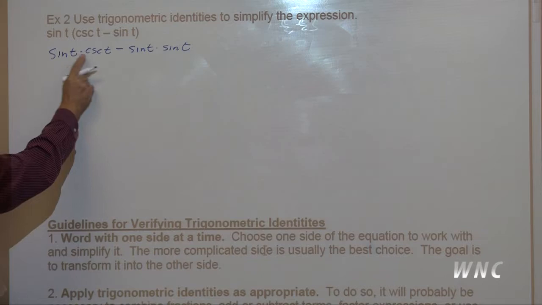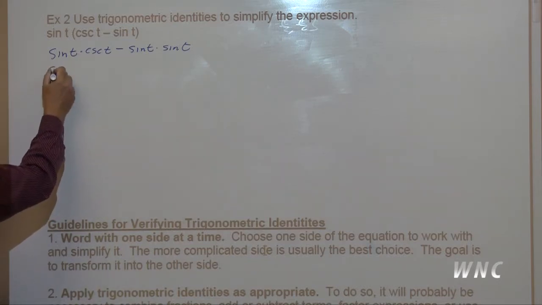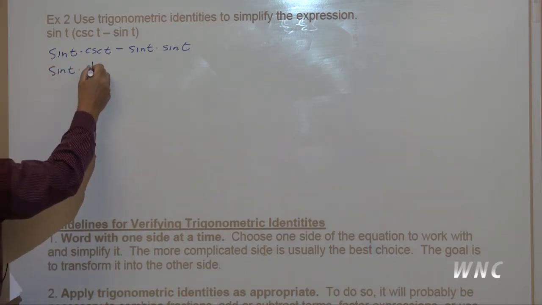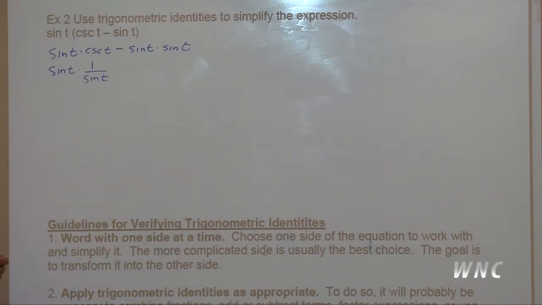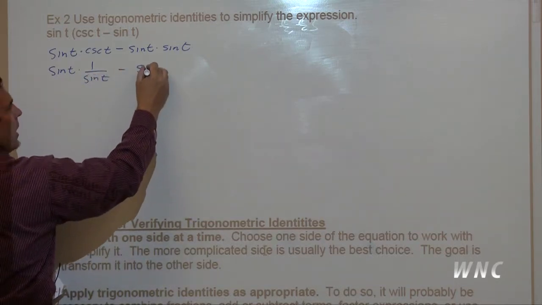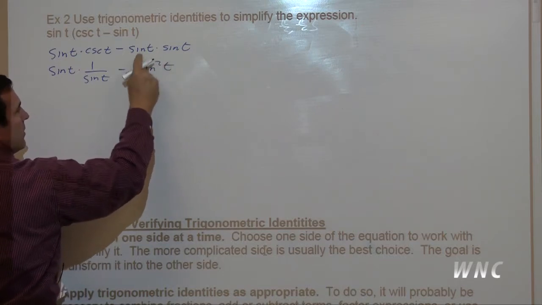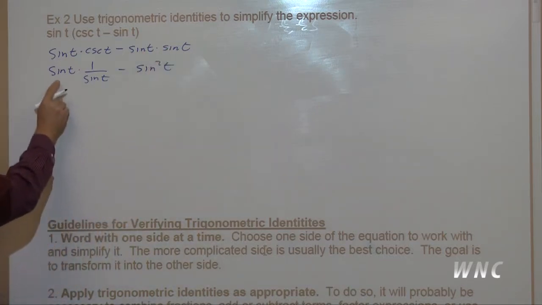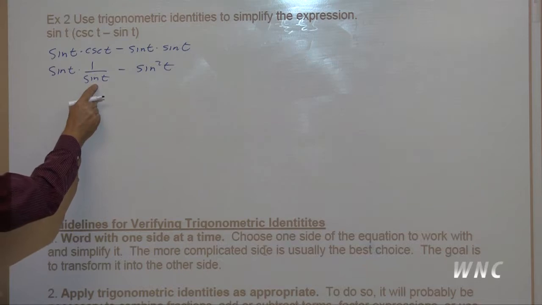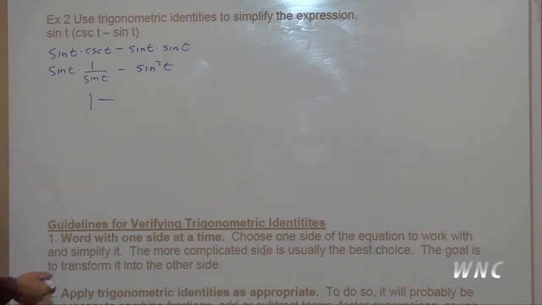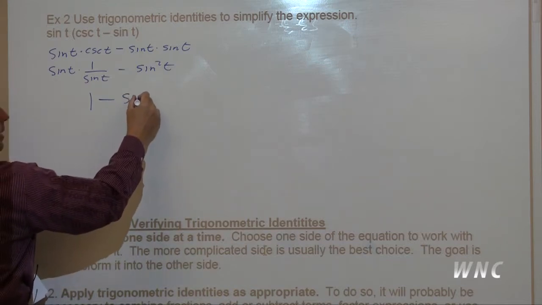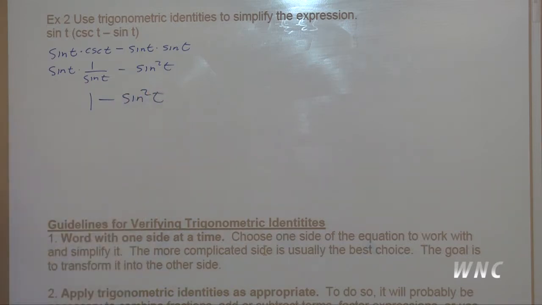Now, sine t times cosecant t, if it helps to see this, is sine t times 1 over sine t, minus sine squared t, because you have sine t times sine t. Now, sine t divided by sine t is just going to be 1. Something divided by itself is 1. 1 minus sine squared t.